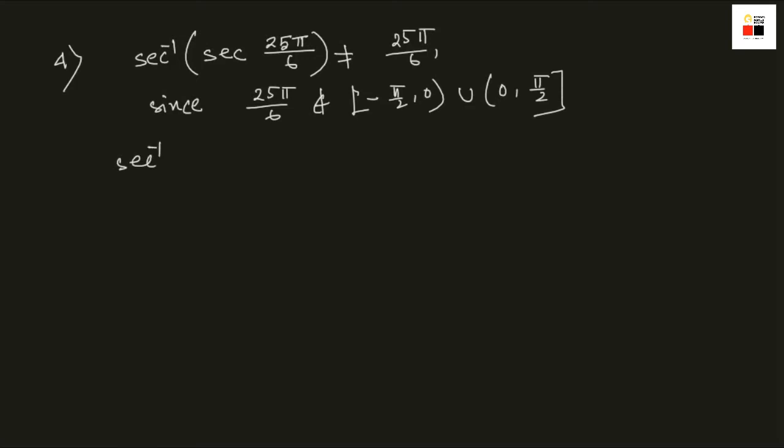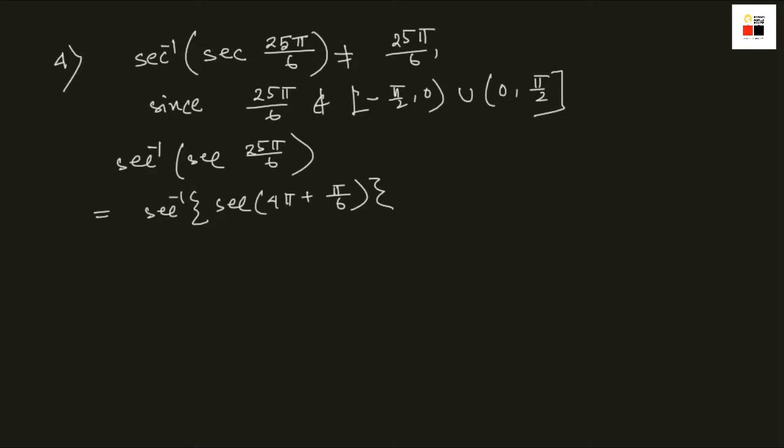Sec inverse sec 25 pi by 6 is equal to sec inverse sec of 4 pi plus pi by 6, which is sec inverse sec pi by 6. Pi by 6 will be the answer.